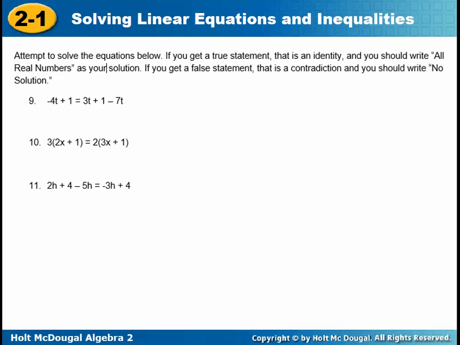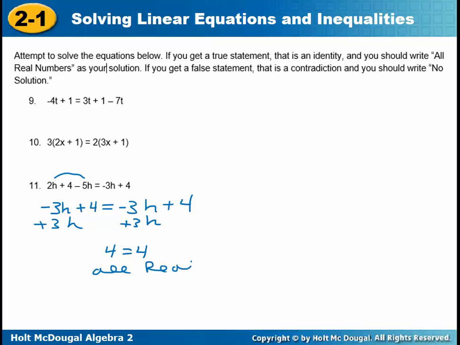But each one of these, let's do number 11. You're going to simplify as far as you can, just like you're solving an equation. You are solving an equation. But if you have the same thing on both sides, as soon as you recognize that you have the exact same thing on both sides, then you can say, oh, this answer would be all real numbers.